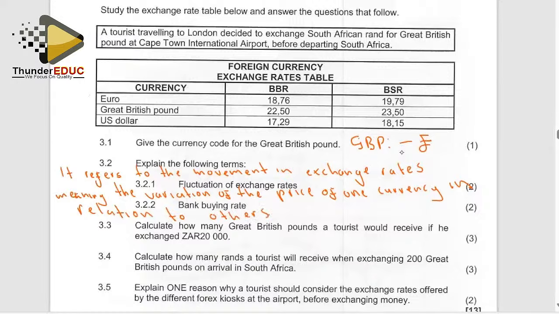So basically, this is the variation of the price of one currency in relation to others, the movement of exchange rate on a daily basis, on an hourly basis, after every minute, after every second. So the variation between the price of one currency in relation to another.